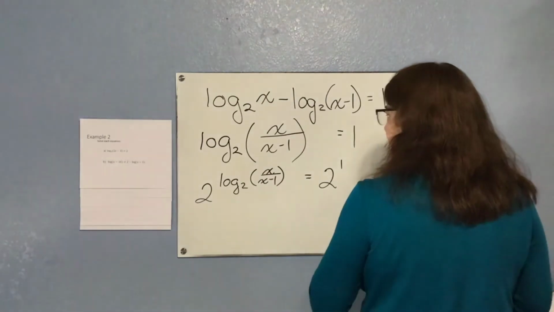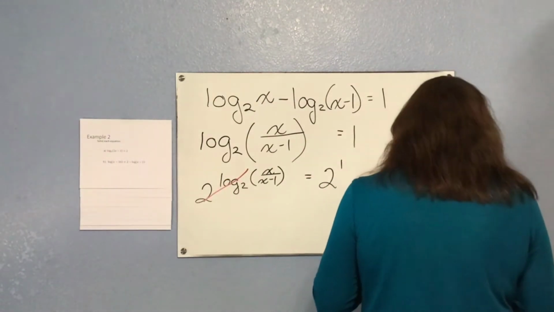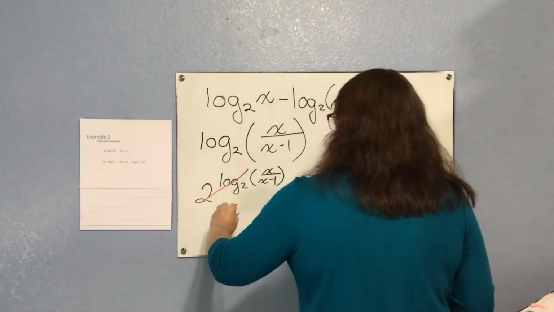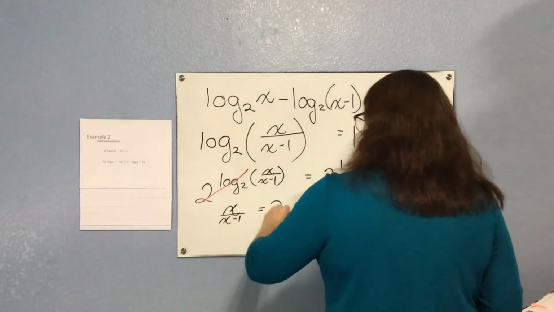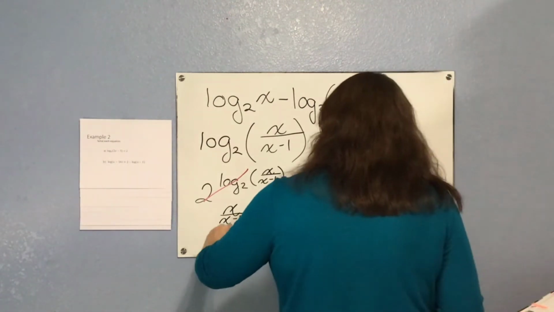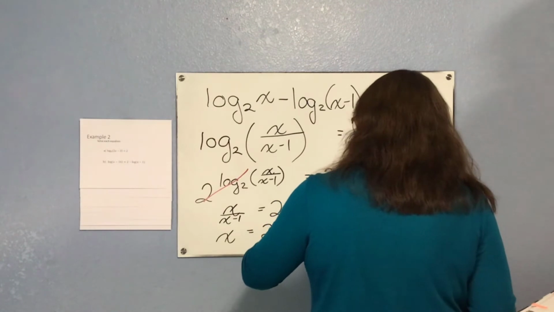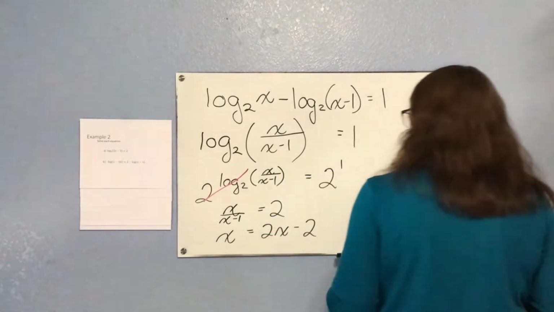So once more, that cancels out. I get x over x minus 1 equals 2. Multiply by x minus 1. I get x is equal to 2x minus 2. Subtract another x.